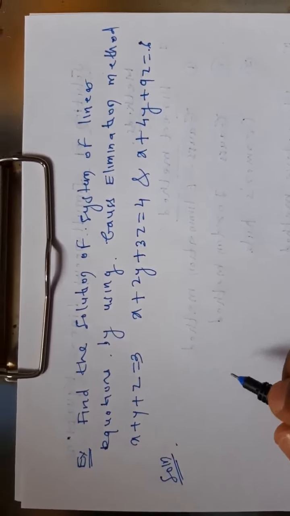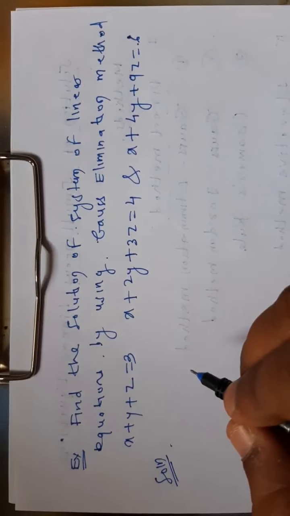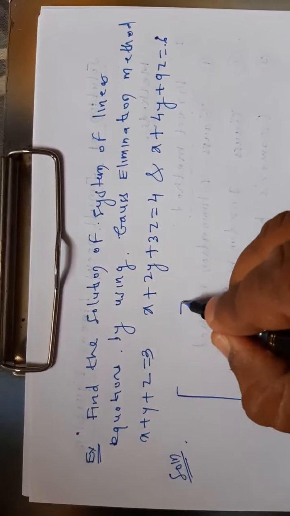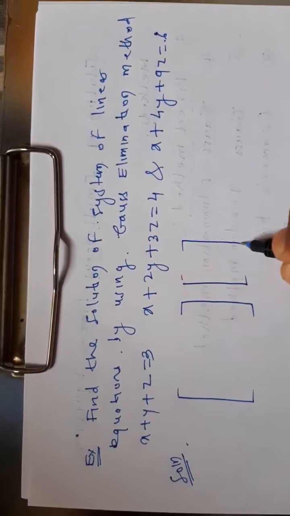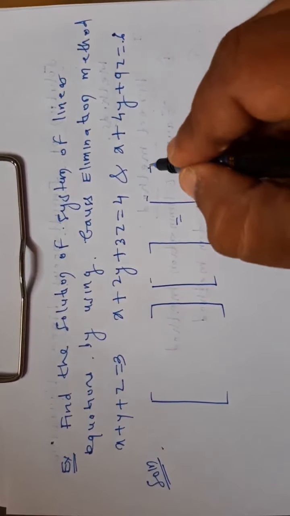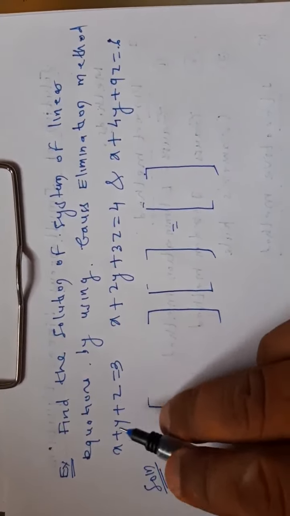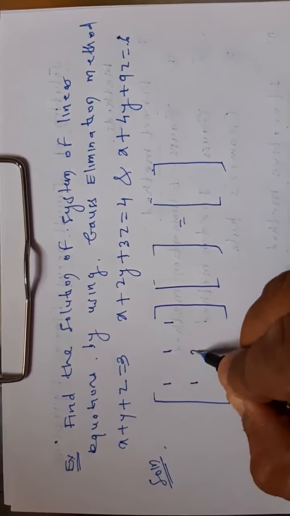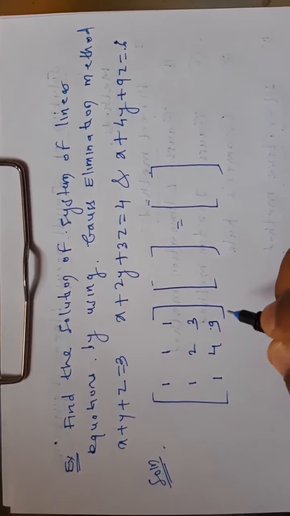Solution. First we will write the system of linear equations in the matrix form, that is AX equal to B. Here in matrix A I will write the coefficients of x, y, z, that is 1, 1, 1; 1, 2, 3; 1, 4, 9.